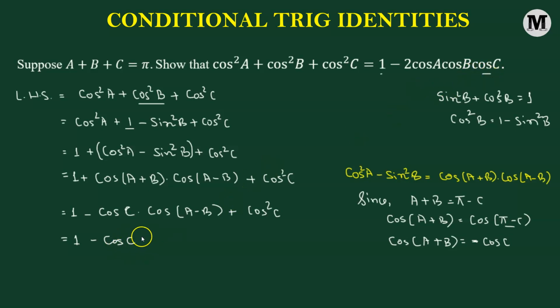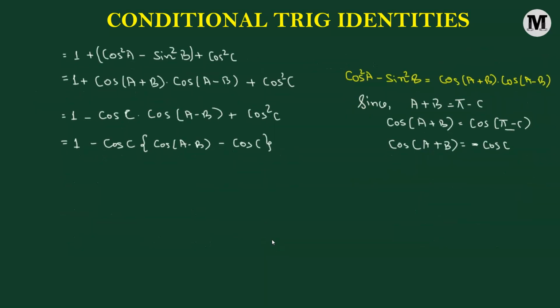Once we take negative cosine C as the common factor, this gets multiplied by cosine of the angle A minus B minus, and from the third term we are left with cosine C. Now we're going to combine the 2 terms within the parentheses, cosine of A minus B and cosine of C. But before doing that, we're also going to change the angle C of cosine C to A and B. Again, we use the fact that since A plus B plus C equals pi, C equals pi minus (A plus B).